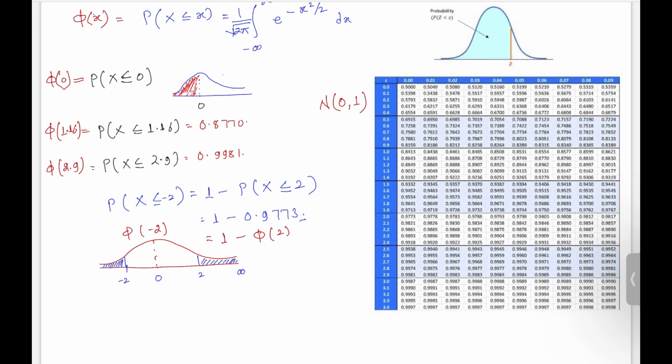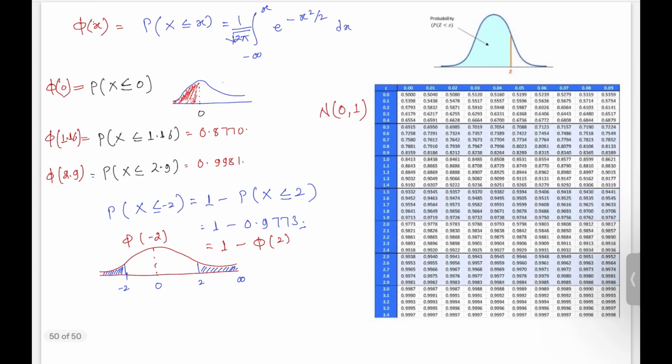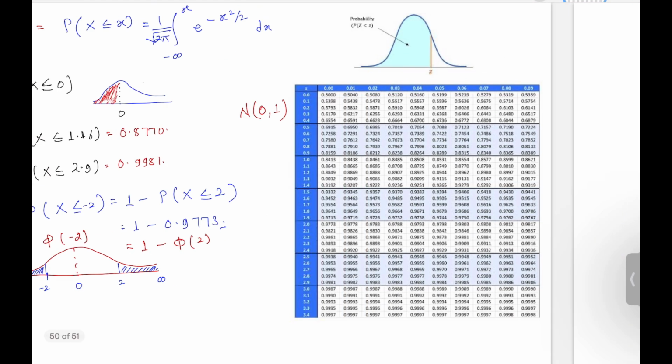Alright, you might have one more question. This table is for the standard normal distribution. What happens if we have a general normal distribution?